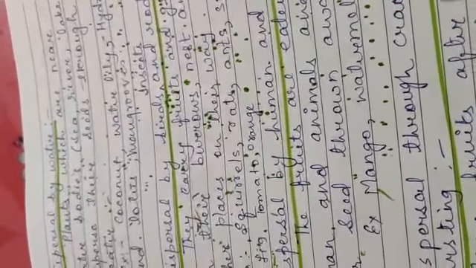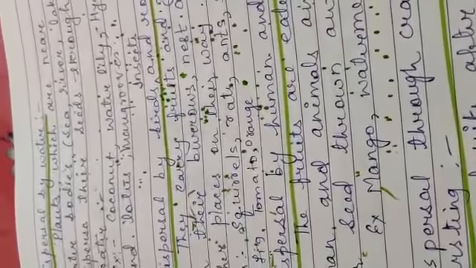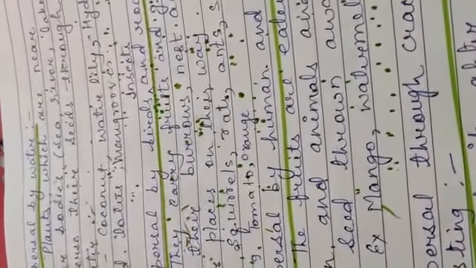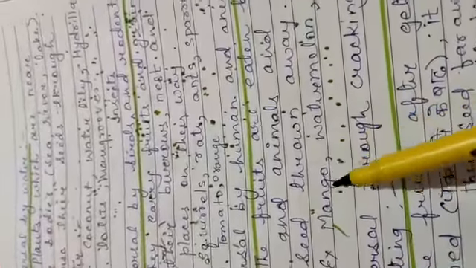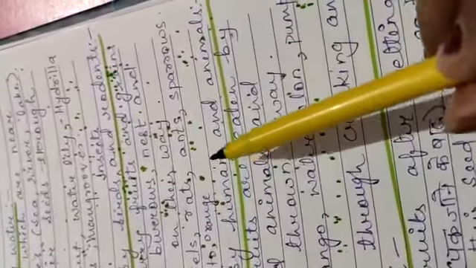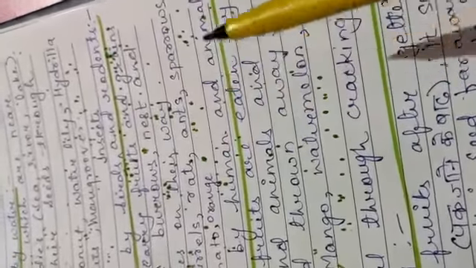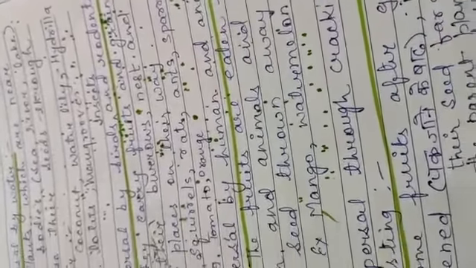These seeds then get dispersed by the agent. What is that agent? Humans and animals too. Examples: mango seed, watermelon, pumpkin. These seeds eaten by human beings or animals are dispersed on the ground.